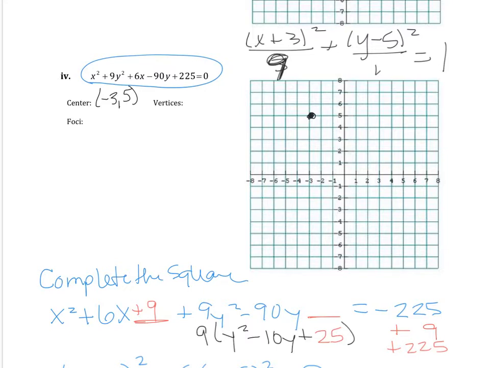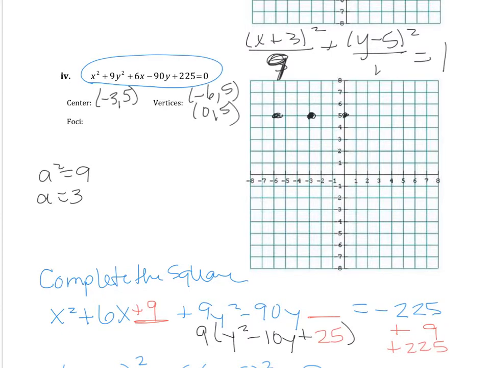Okay, and we have our a value here, our major axis value, a squared is 9. And I'll write this here, a squared equals 9. So that means a is 3. So we're going to go 1, 2, 3 to the right, 1, 2, 3 to the left. And it looks like we have vertices at negative 6, 5, and 0, 5.